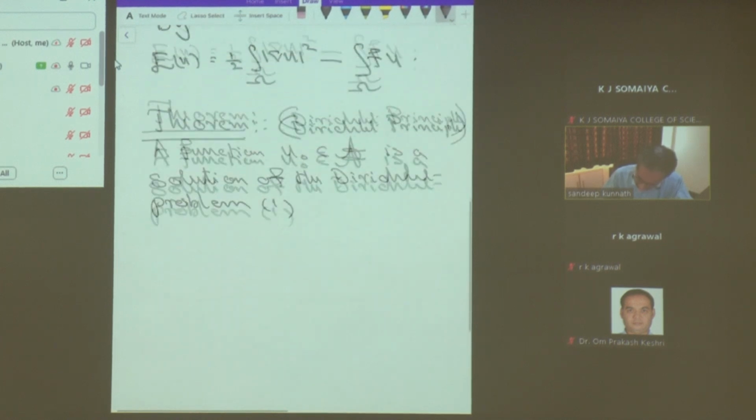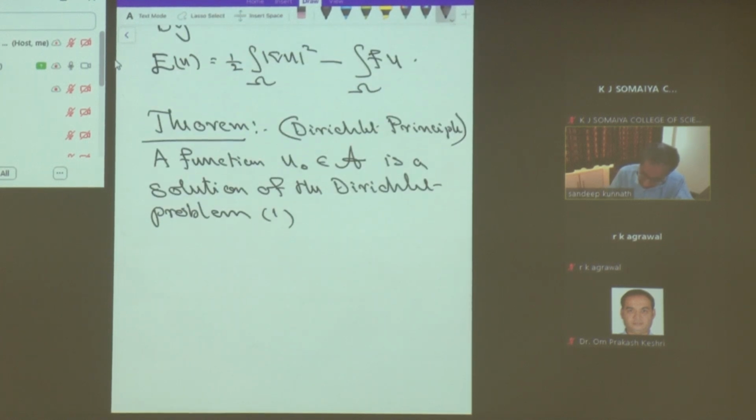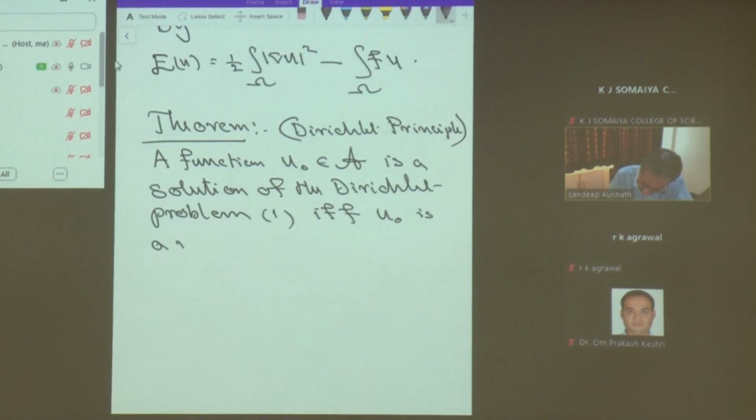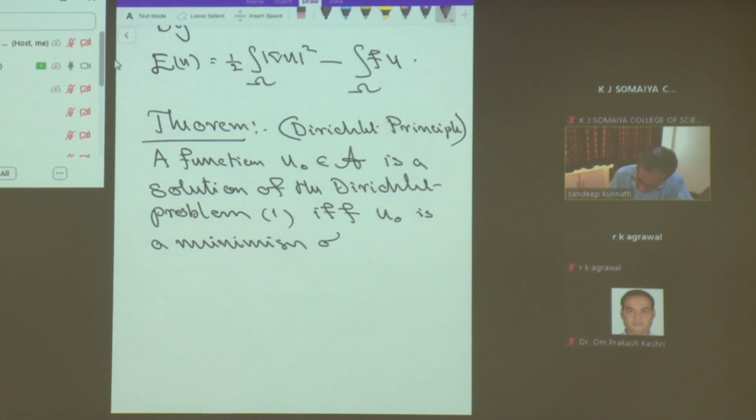Okay. So a function u naught is a solution of the Dirichlet problem 1 if and only if u naught is a minimizer of the energy. That is, what does it mean?